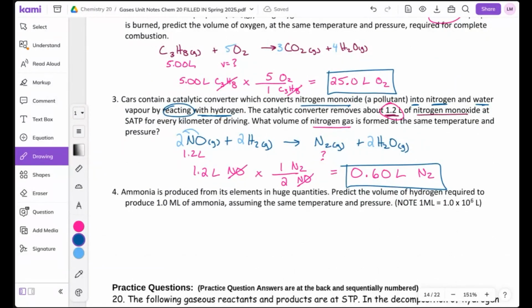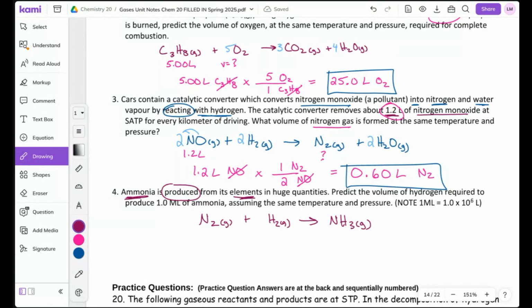Okay, last example here. Ammonia is produced from its elements. All right, so ammonia, that's the NH3, is produced. So that's telling you ammonia is a product, and we're going to assume it's a gas. It's produced from its elements. So we ask, okay, what makes up ammonia? Well, nitrogen and hydrogen make up ammonia. So then, because they're diatomic elements, I'm going to go N2 plus H2, both as a gas state.